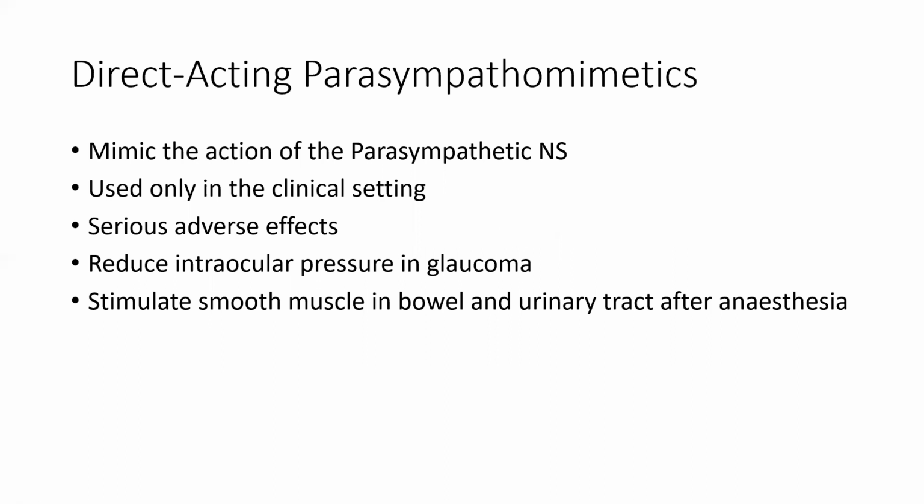If it is directly acting, they are mimicking the action of the parasympathetic nervous system. They are used only in the clinical setting. They have serious adverse effects. They also reduce the intraocular pressure in glaucoma. They stimulate the smooth muscles in the bowel and urinary tract after anesthesia.